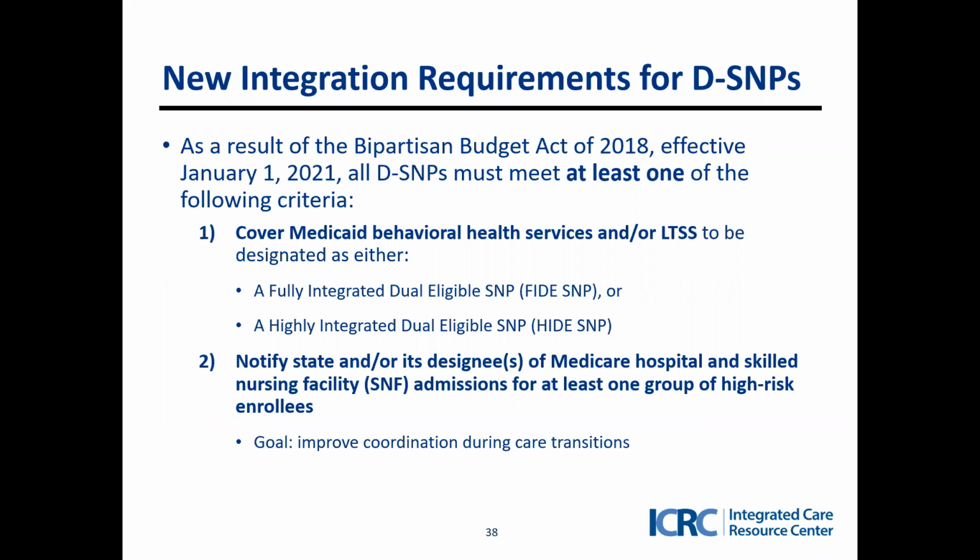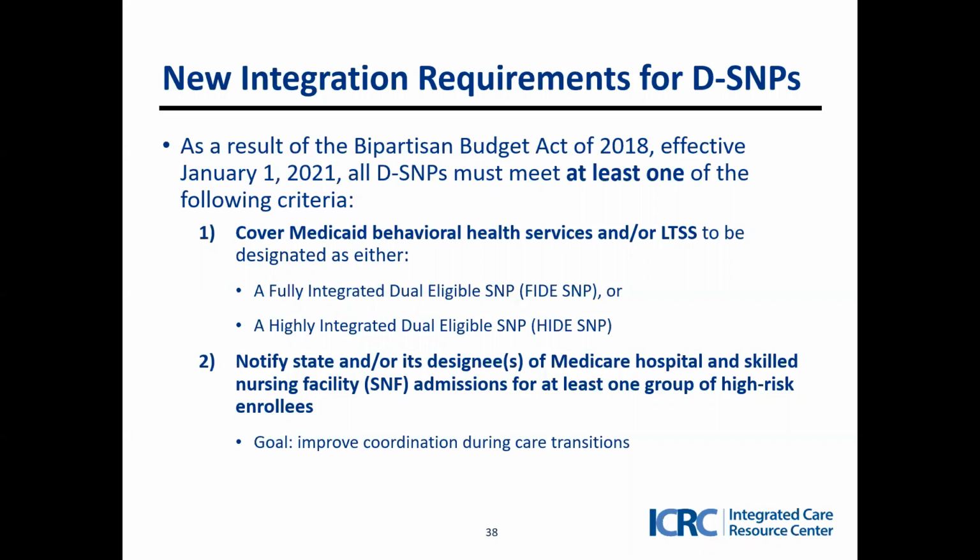So recent legislation passed that requires all D-SNPs must meet at least one of two new integration requirements, with the overall goal to improve coordination during care transitions. The first option is to cover Medicaid behavioral health services and/or long-term services and supports, which could allow the D-SNP to be designated either as a fully integrated dual eligible special needs plan, or a FIDE SNP, or as a highly integrated dual eligible special needs plan, also known as a HIDE SNP.